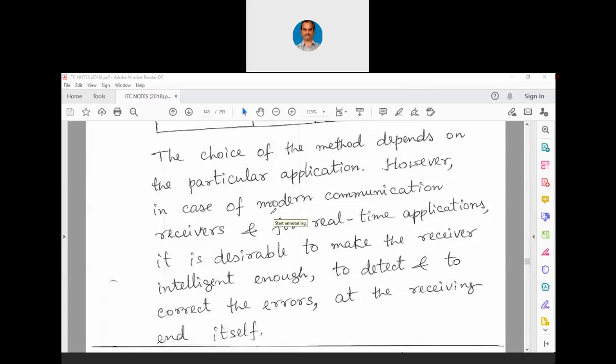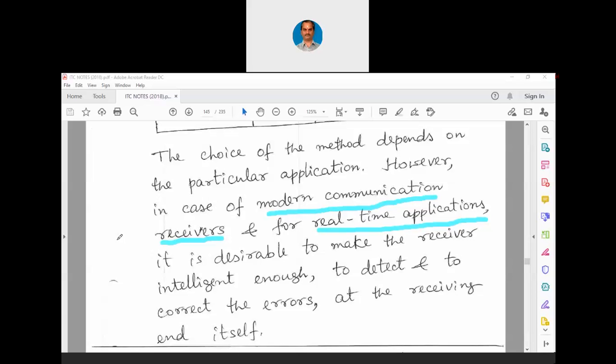The choice of the method depends on the particular application. But the modern communication receivers can have a large amount of memory and they can work at larger speed as well because of the advent of VLSI.